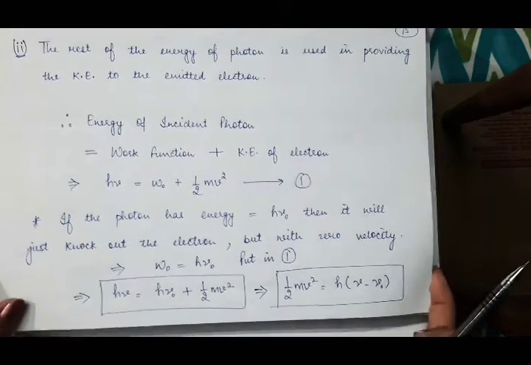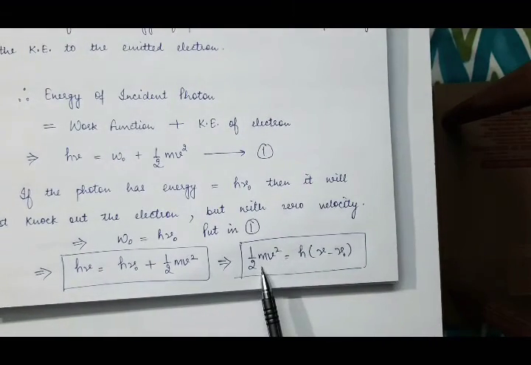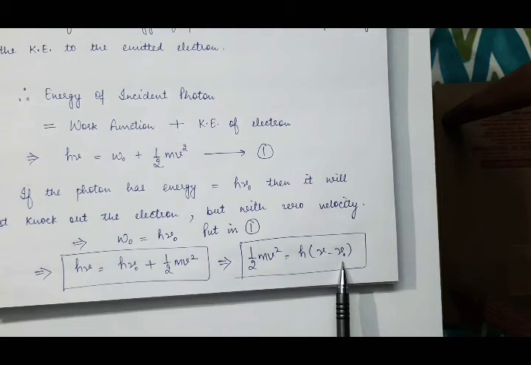So from this we have the equation that the kinetic energy of the ejected electron from the metallic surface, when a photon of some frequency nu is incident on it, is equal to h times (nu minus nu naught). Nu naught is the threshold frequency and nu is the frequency of the incident photon.